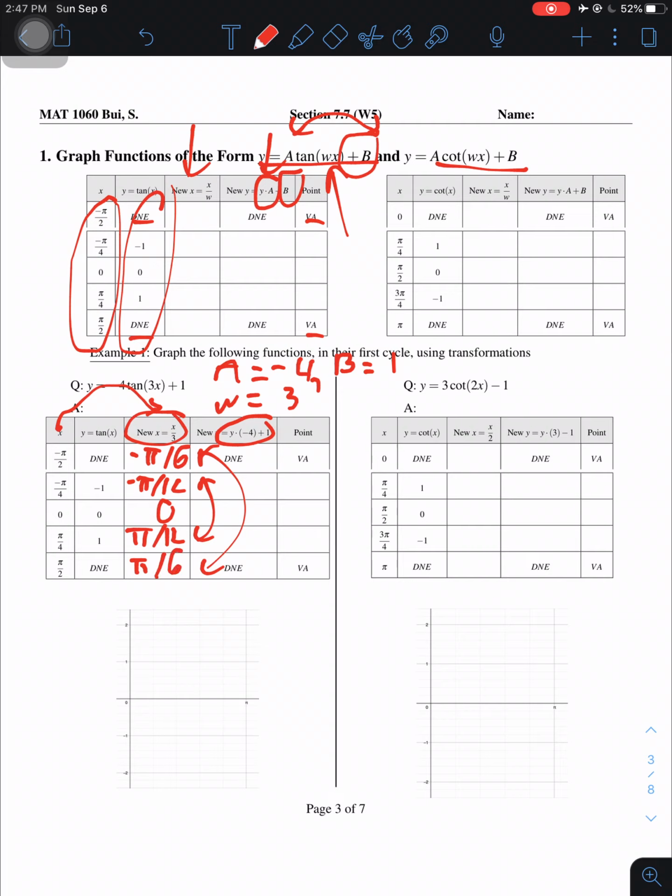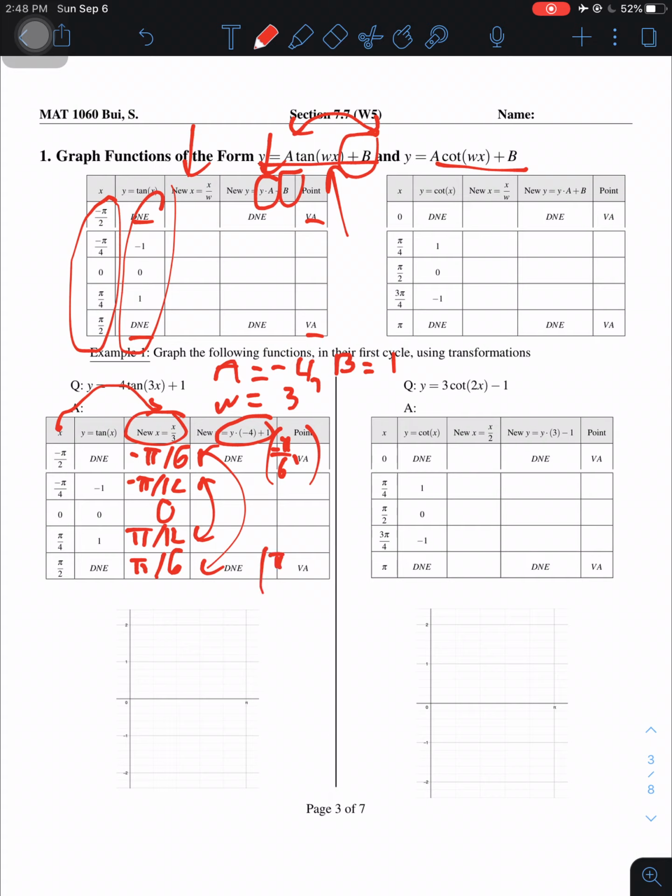And let's talk about the points, right? So VA in here makes sense because we don't have any Y values, right? So that means we're going to have VA in there. And if you want to put them into points, here, let me just do it really quick. Okay, so the points in here go like negative pi over 6, comma, VA, because we don't have a Y value, right?